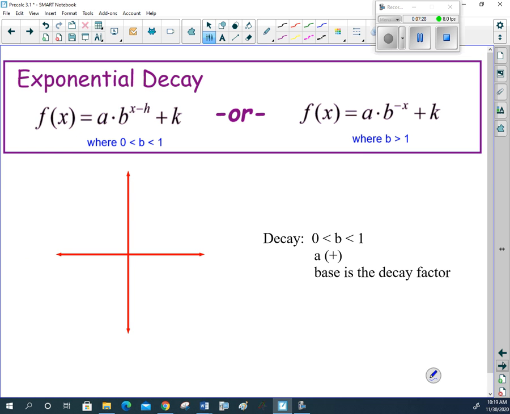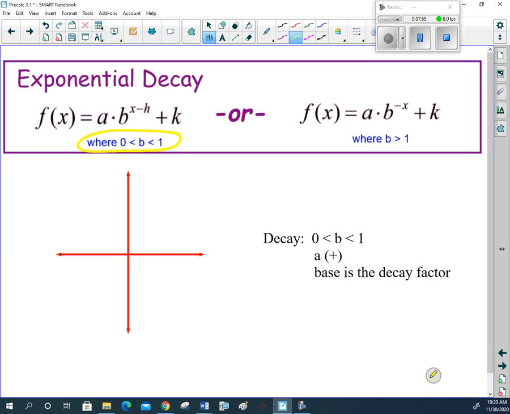Okay, so this one right here is talking about exponential decay. Now, the one on the left is the traditional way of writing exponential decay, where a is still your initial value, b is your base, and your h and k are doing your left and right and up and down translations. In this scenario, though, the base is between 0 and 1.